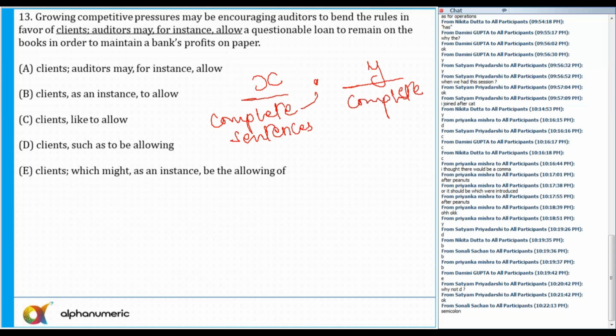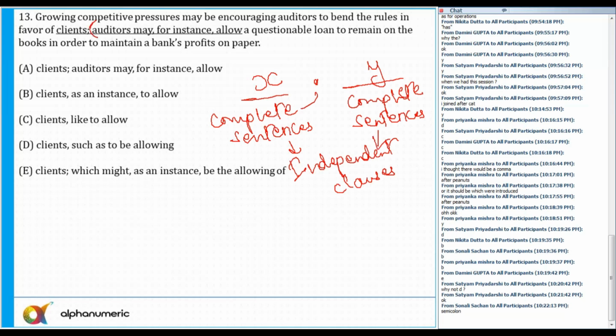Otherwise, if you have used a semicolon, then it is wrong. So let's check. Are both the parts complete? In technical terminology, these are called independent clauses. Both of them have to be independent, which means they can stand alone as sentences.